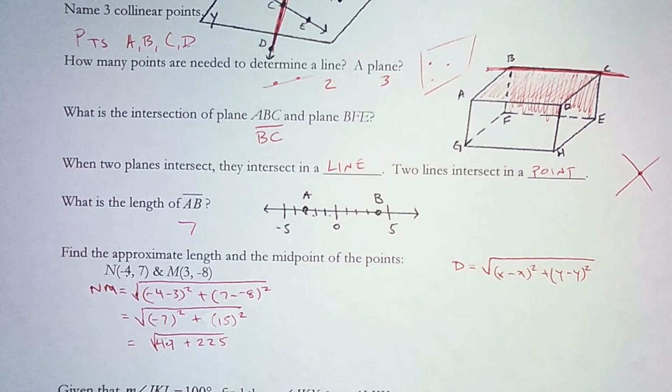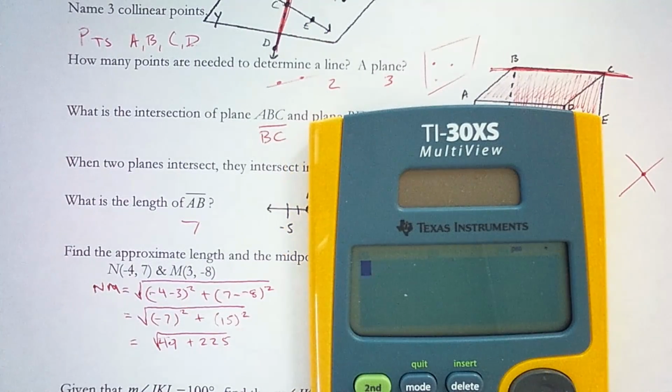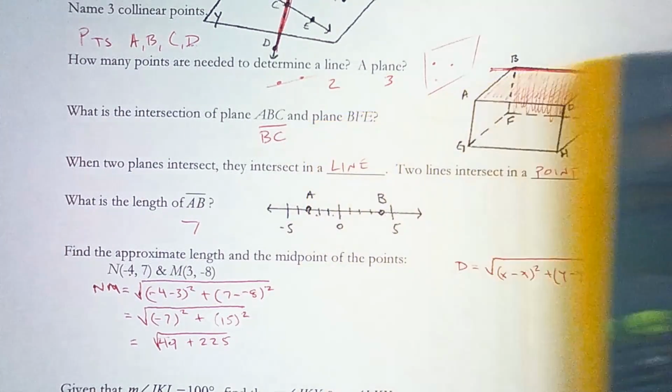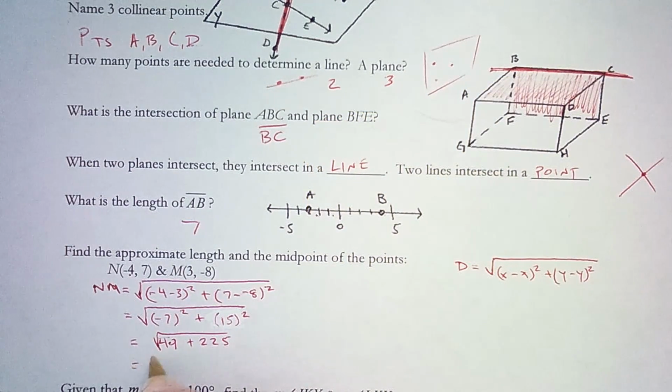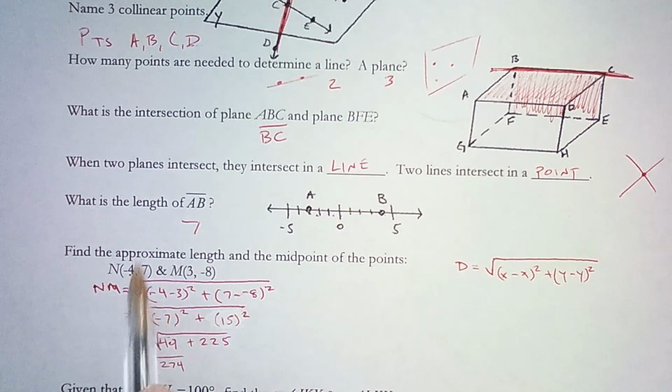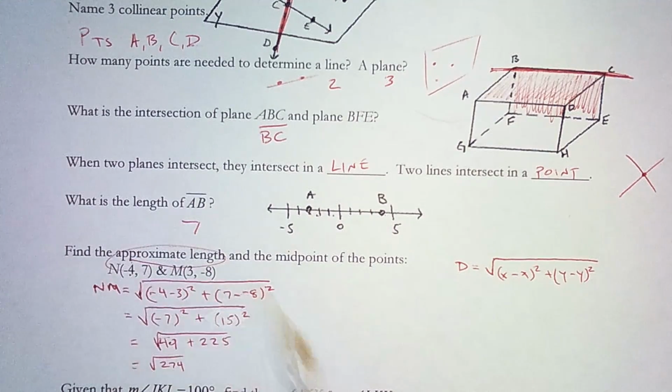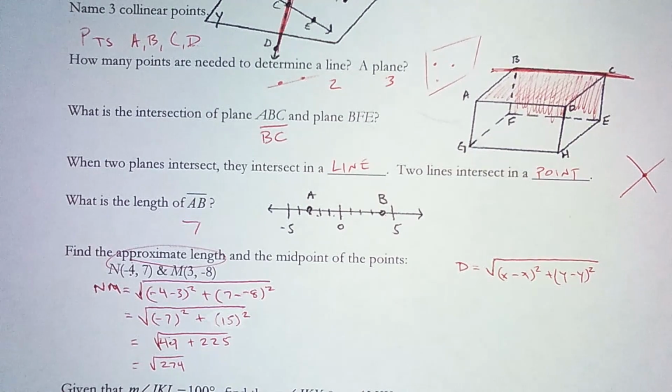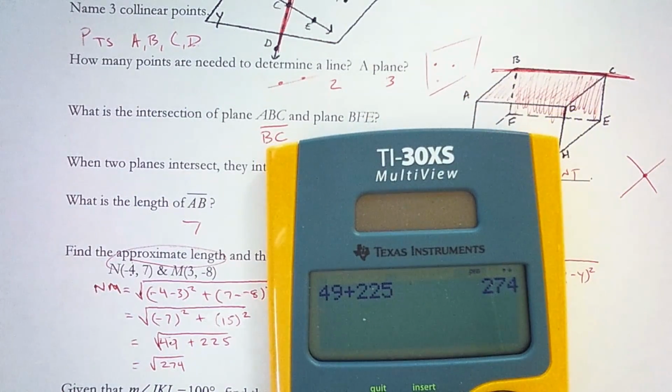And if I add those together and then take their square root, 49 plus 225 is 274, so it's the square root of 274, and it says approximate length, so that means I'm actually going to do the square root in my calculator instead of simplifying that radical.